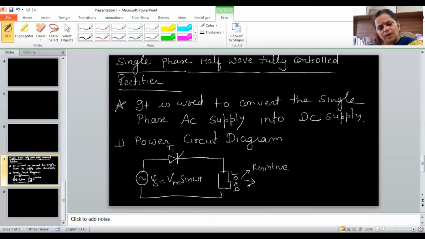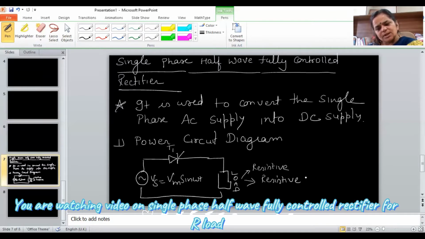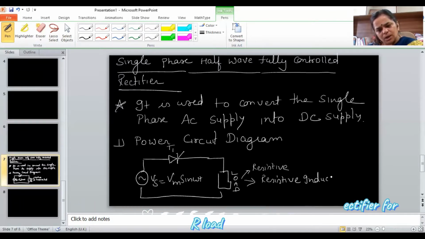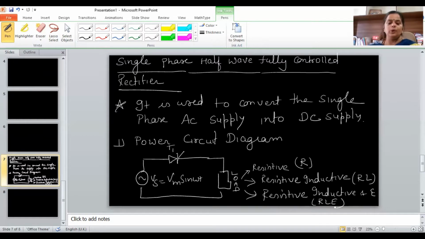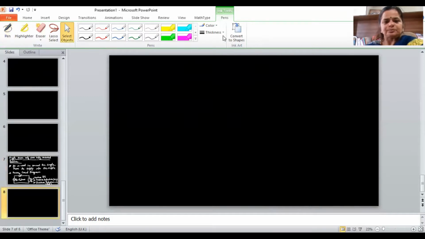This load can be a resistive inductive load, and in short I can say R, in short I can say RL, and this load can be a resistive, inductive and E load, which in short we will call an RLE load. Okay, so this is the power circuit diagram.